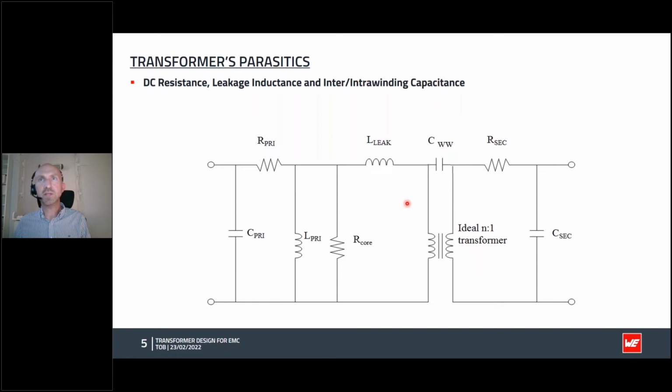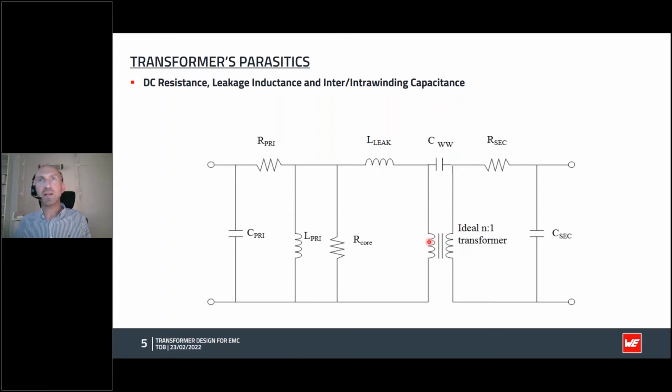Now, let's look at the transformer itself. So in the ideal world, our transformer has just one parameter, I guess, and that would be inductance. We have a coil wrapped around some core, and we have a primary side, and we have the same on a secondary side with some turns ratio to give us whatever voltage or current we require.